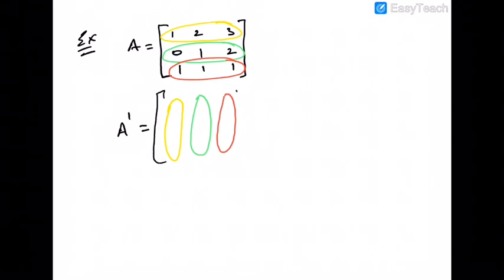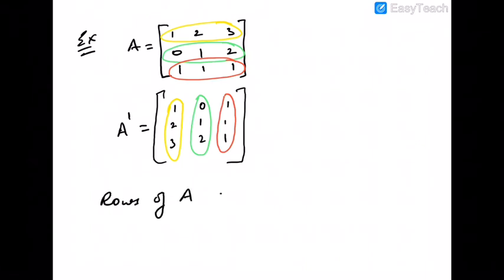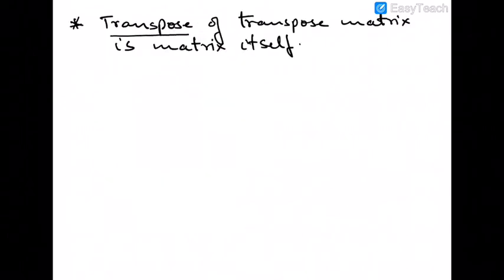So we will get 1, 0, 1, 2, 1, 1, 3, 2, 1. So here rows of A are converted into columns of A transpose, or we can say columns of A transpose are rows of A.